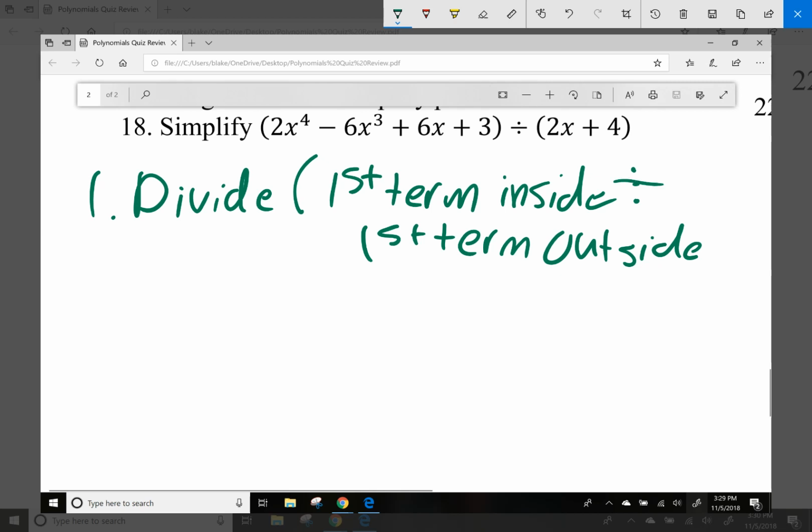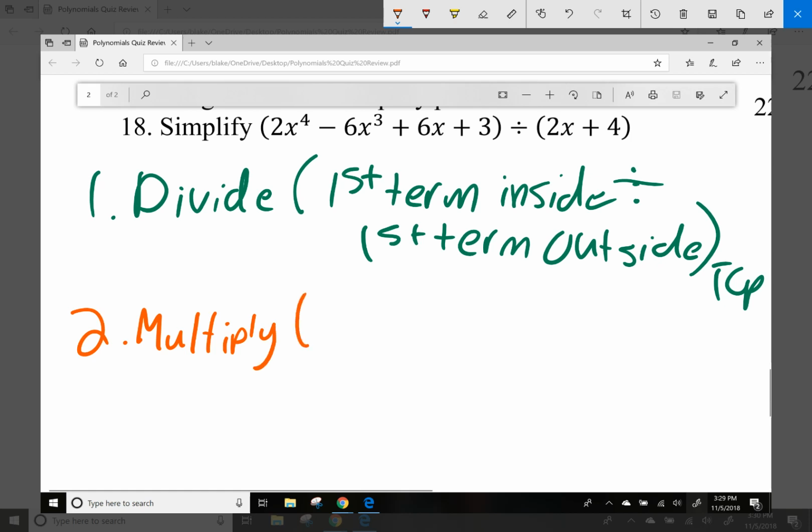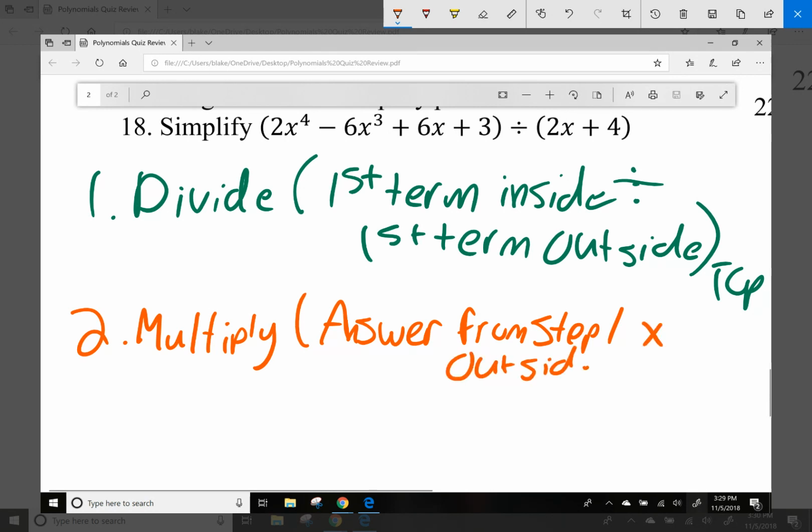And then that answer goes on top. Step 2 is multiply. So when you multiply, it's the answer from step 1 multiplied to the outside polynomial.